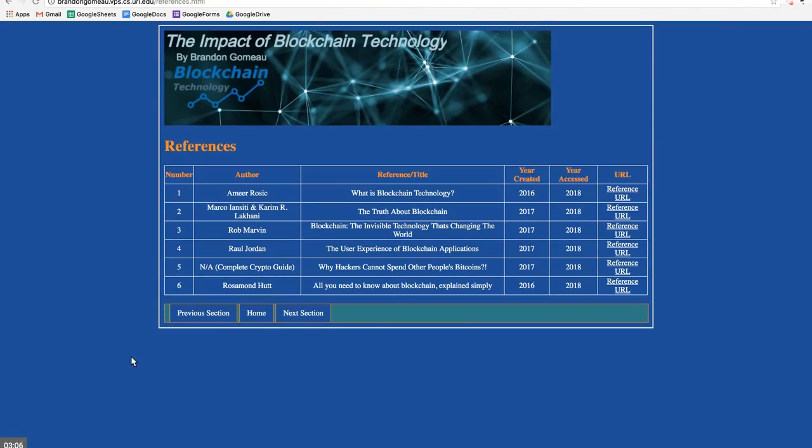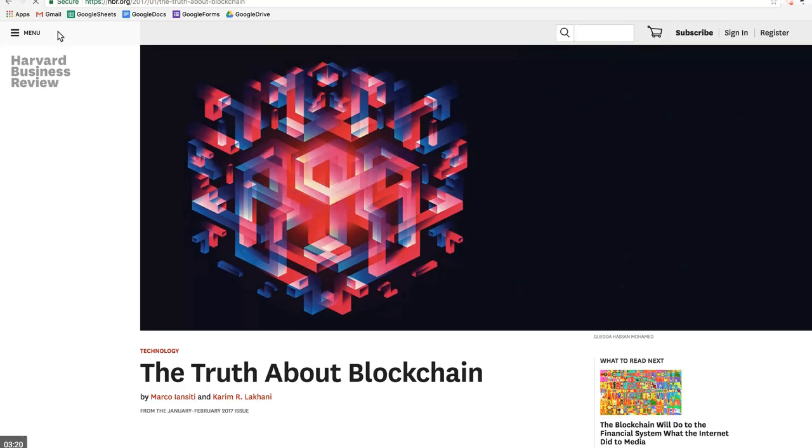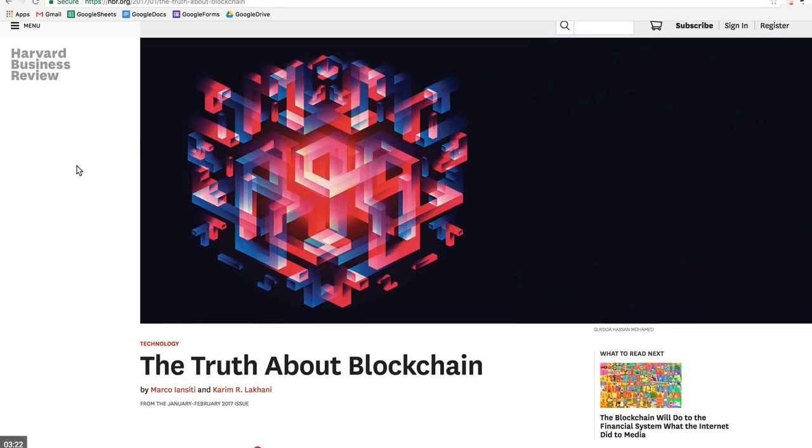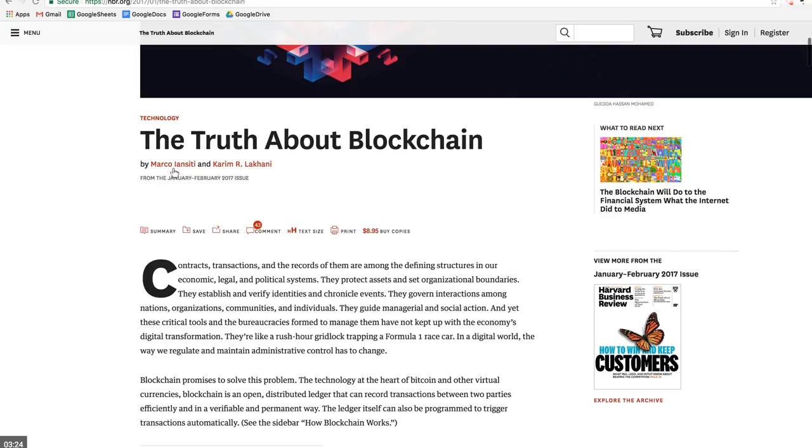And finally, we have my references section. I just have 6 references right here, but I'm going to show you my favorite one, The Truth About Blockchain. I'm going to go to the reference URL for you. This is by the Harvard Business Review, The Truth About Blockchain by Marco Iansiti and Karim R. Lakhani.